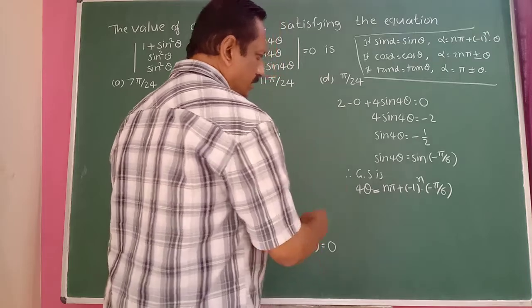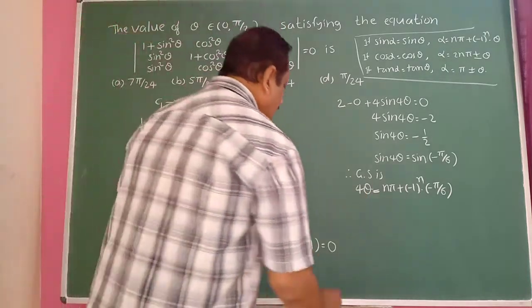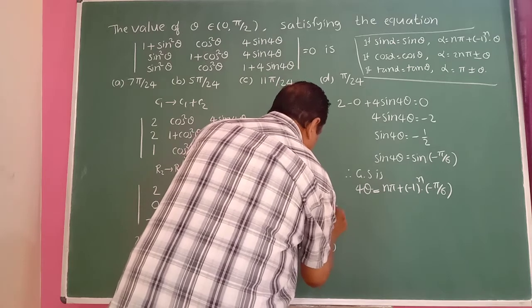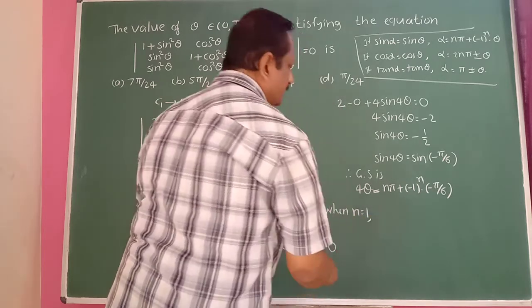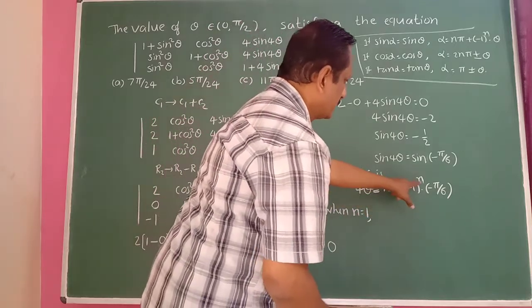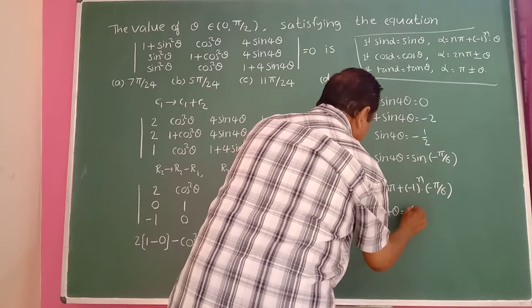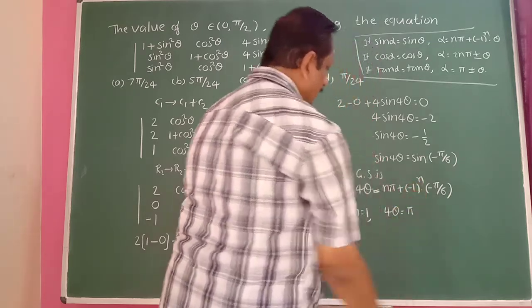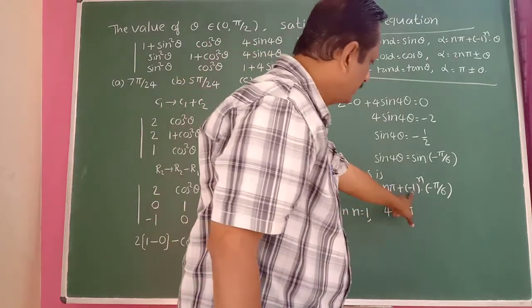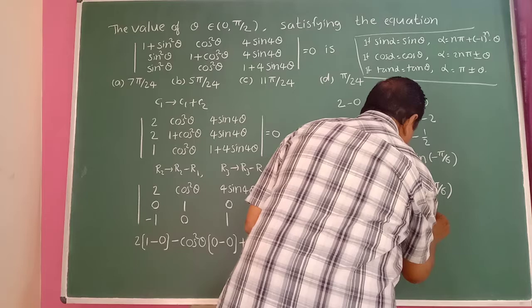Therefore, you go on to substitute n values 1, 2, 3 and 4. When n is equal to 1, substitute n equal to 1 here as well as here. So 4 theta is equal to pi, and here n is equal to 1, so minus 1 into this minus becomes a plus, plus pi divided by 6.